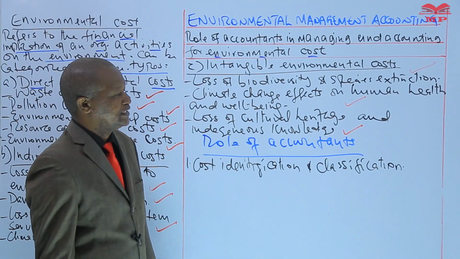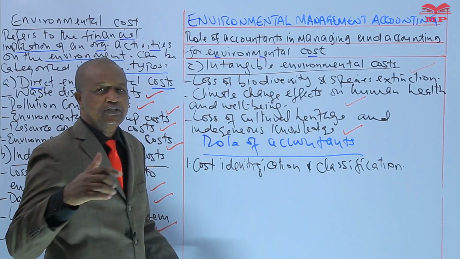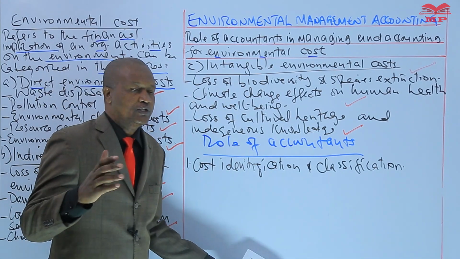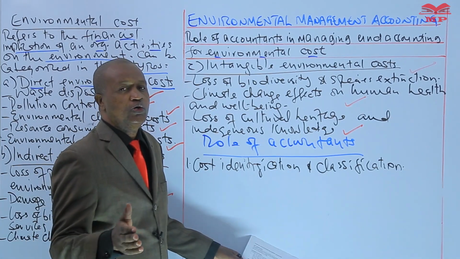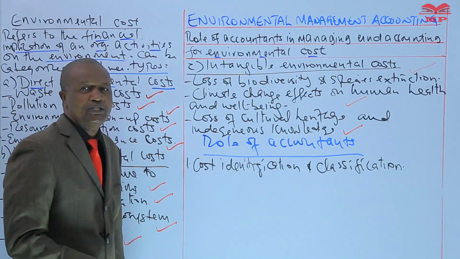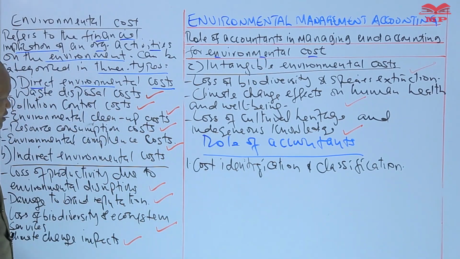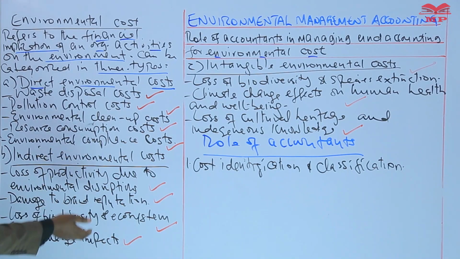And these are costs associated with an organization's activities, which could include costs related to pollution control, waste management, compliance, resource consumption, waste disposal, and loss of productivity.